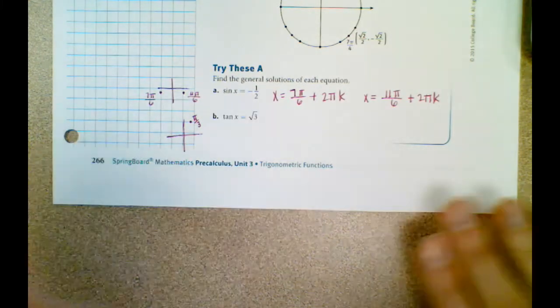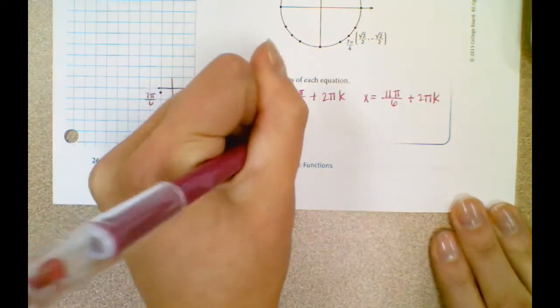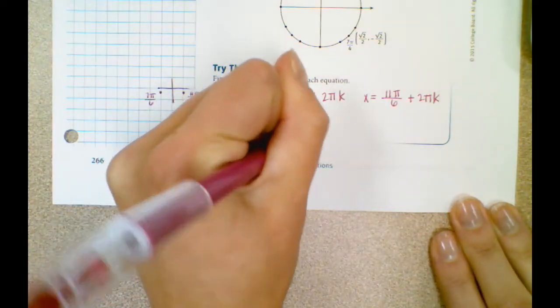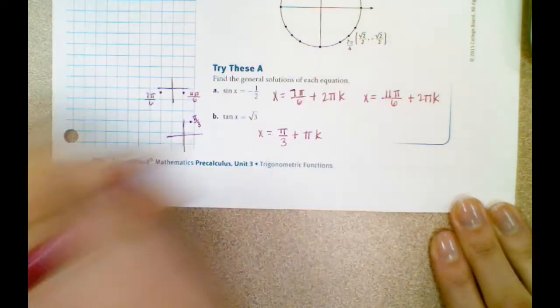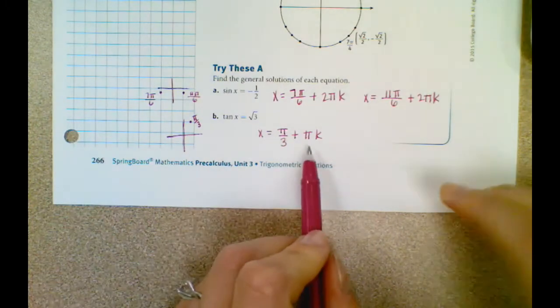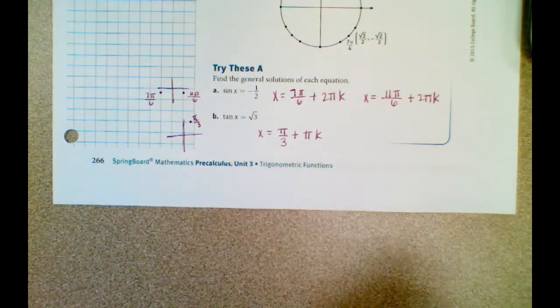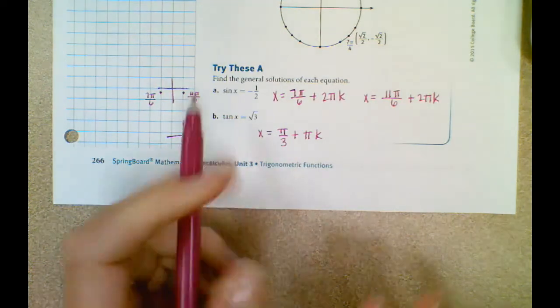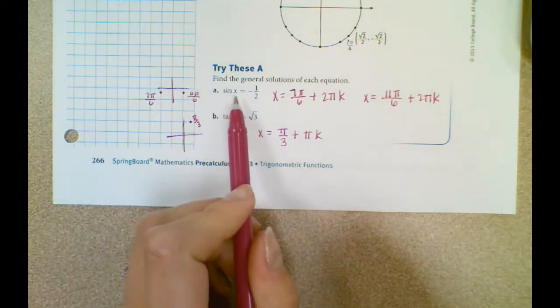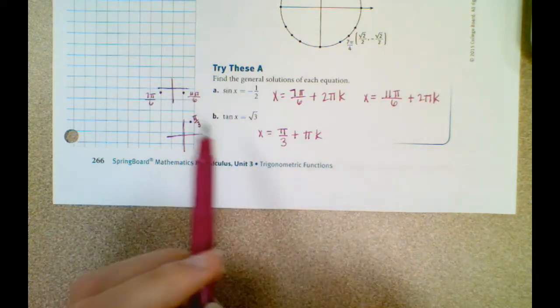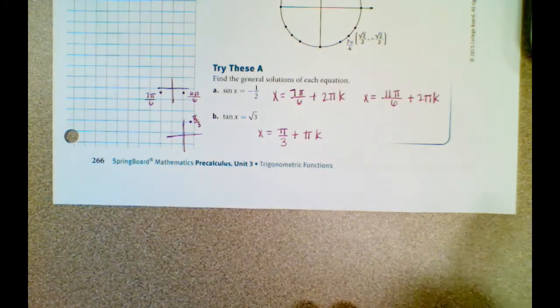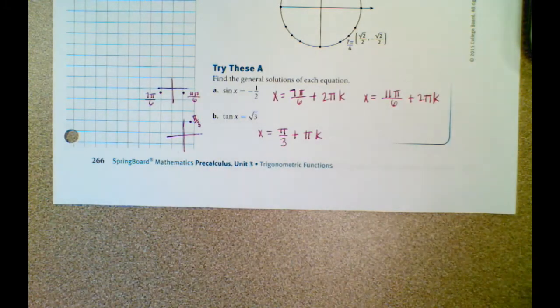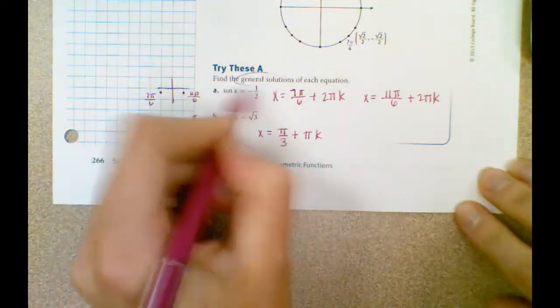So this is actually just going to be x equals pi over 3 plus pi k, where k is an integer, because I'm just focusing on 1 period for tangent. So remember, sine, the period is 2 pi, cosine, the period is 2 pi, tangent is his own little guy. He has a period of pi. All right, those are just finding general solutions.